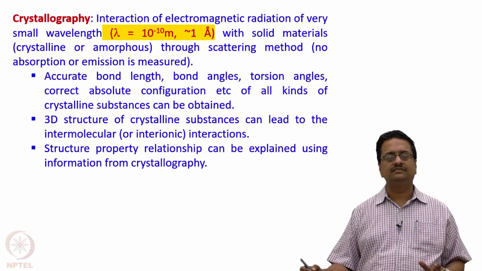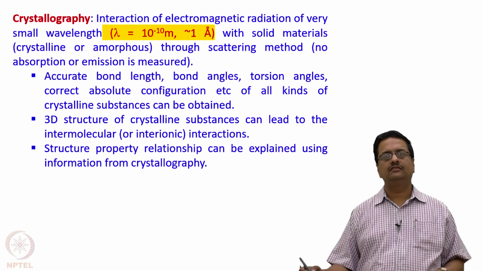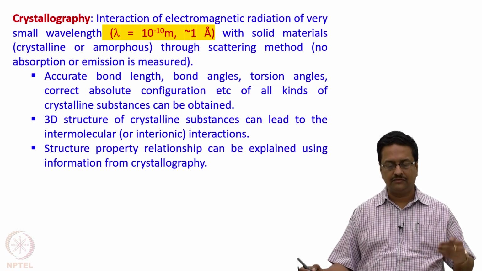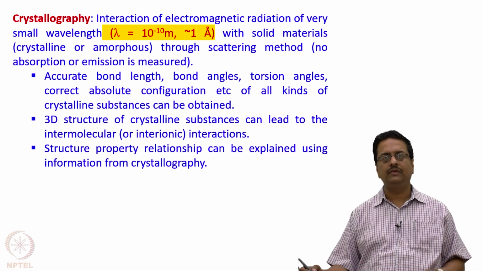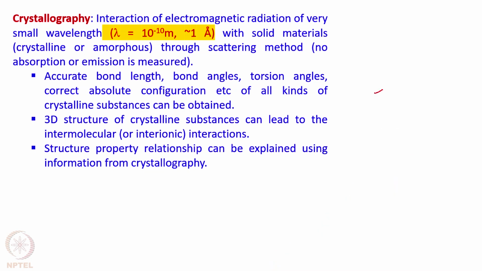Based on the crystal structures that have been derived, one can explain a lot of different properties which are related to their structure. For example, the melting point of compounds like nitrophenol. When it is orthonitrophenol, we have intramolecular hydrogen bonding, whereas in paranitrophenol, the hydrogen bonding is intermolecular.